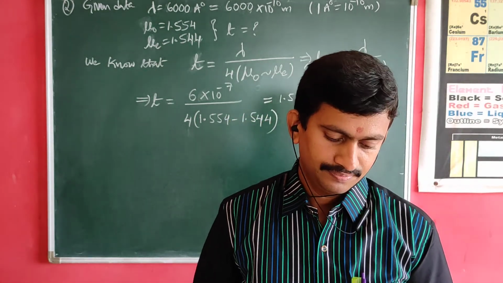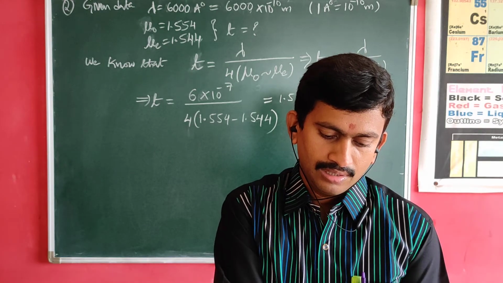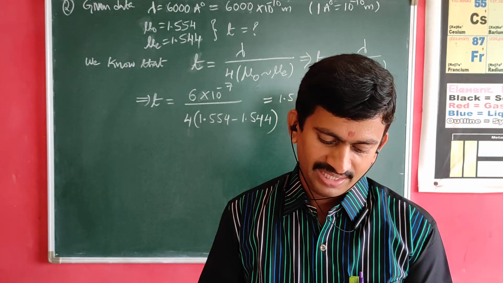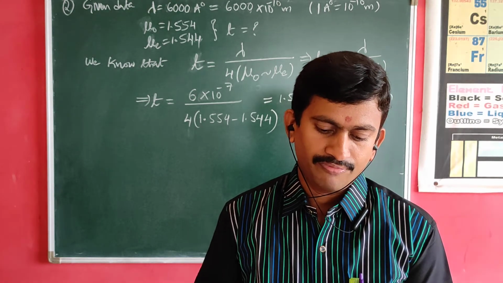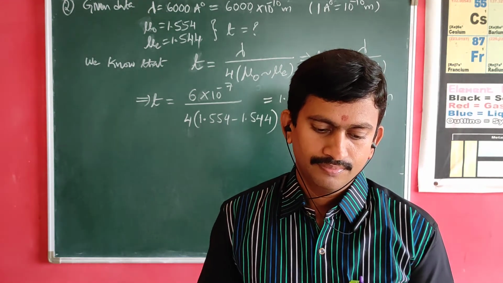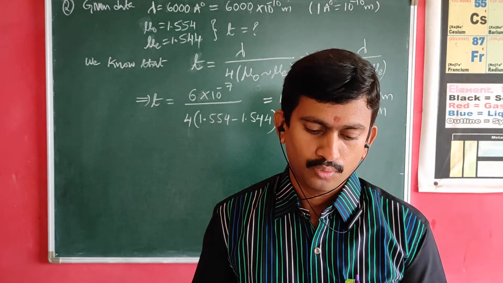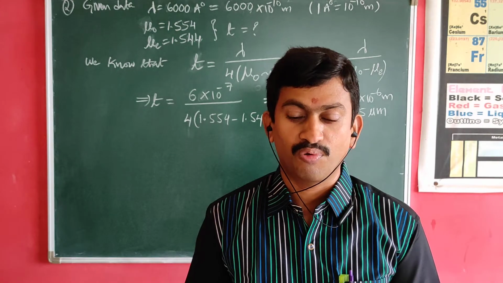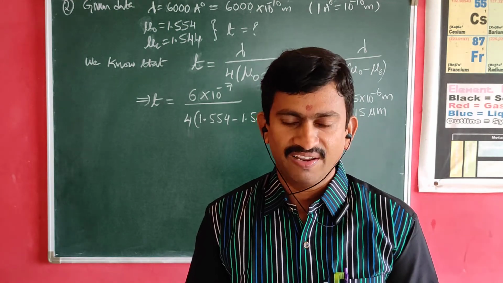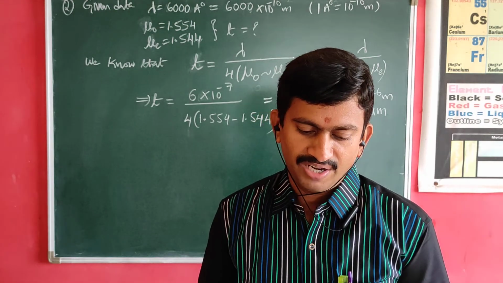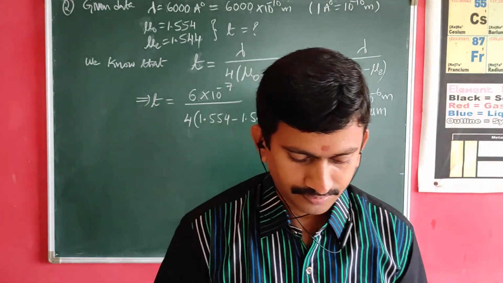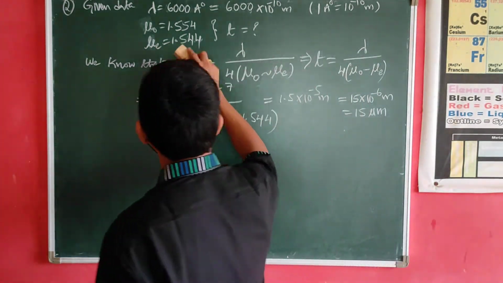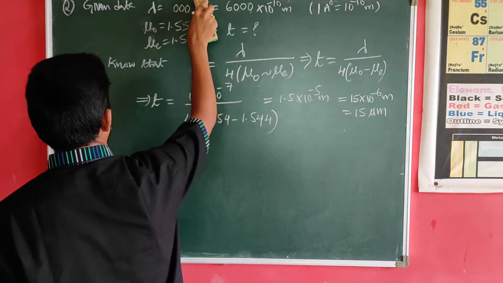Calculate the thickness of half wave plate of quartz. Thickness of half wave plate of quartz crystal for a wavelength of 500 nanometer. Here the given data is wavelength is 500 nanometer.